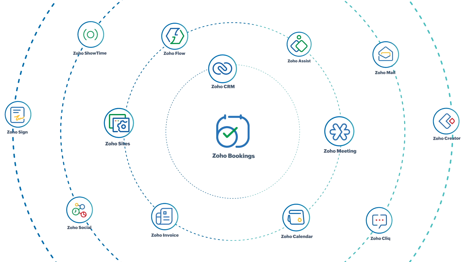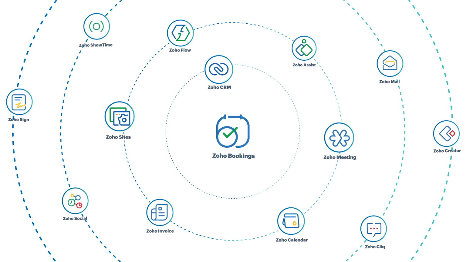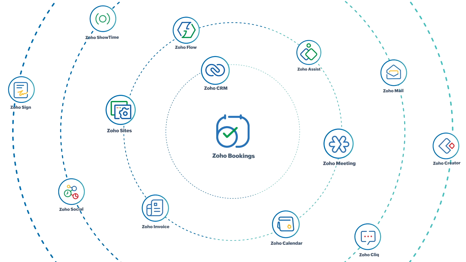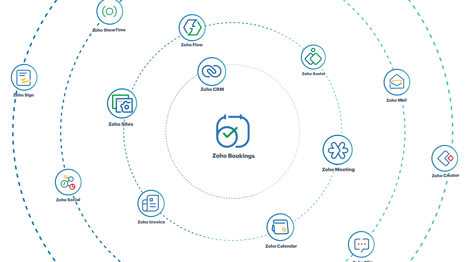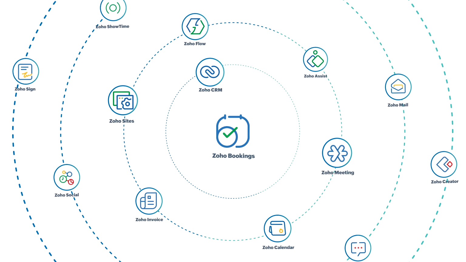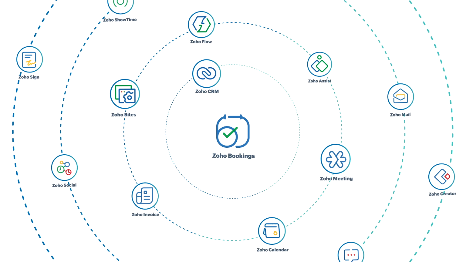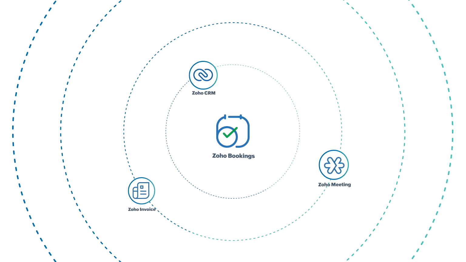This means Zoho Bookings can go beyond just solving issues and open up new possibilities for sales teams to optimize their process with the help of other Zoho applications. Let's see some examples. In Roy's case, he can integrate Zoho Bookings with 3 other Zoho apps he uses: Zoho CRM, Zoho Invoice, and Zoho Meeting.